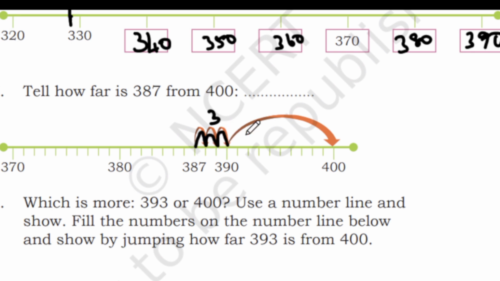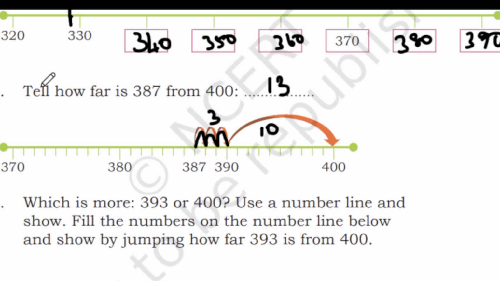From 390 to 400 we have 10, which is 390, 391, 392, 393, 394, 395, 396, 397, 398, 399 and then only you will get 400. So 10 plus 3 which is 13. So how far is 387 from 400? It is 13.